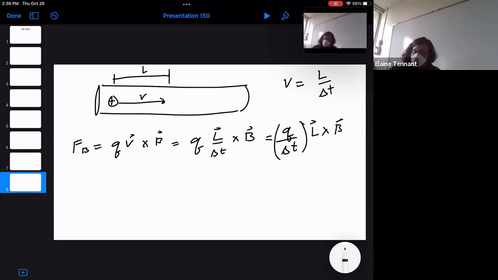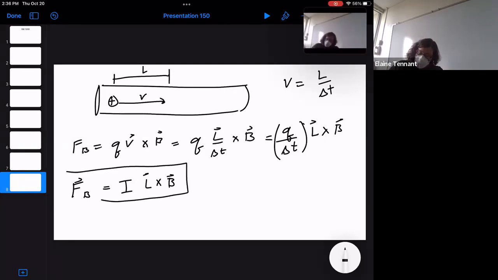I just got myself a charge over time, and that's going to be current. So I have what I wanted. I have my magnetic force equals current multiplied by this cross product of the length of wire across the magnetic field it's in. Okay, let me circle that.